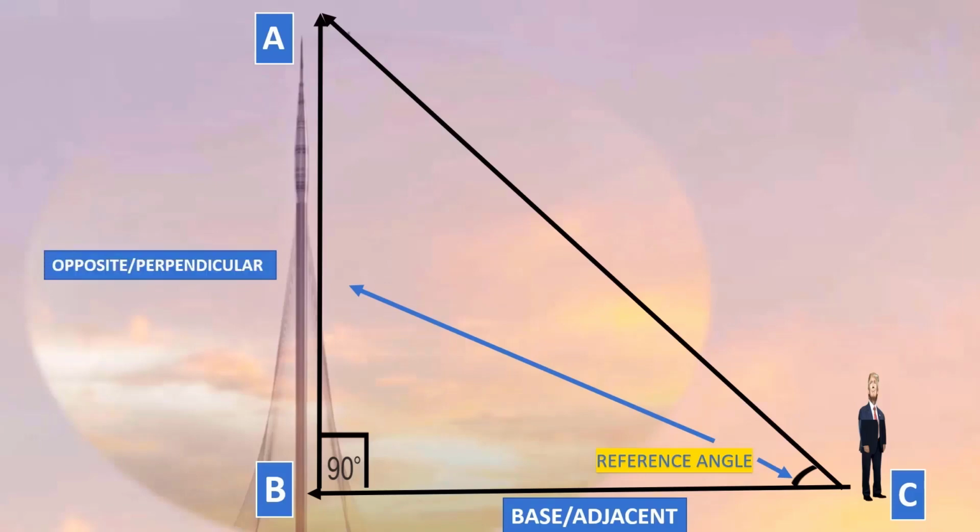You have the tower. So that is called the opposite side or the perpendicular. And the side opposite to the right angle, or the 90-degree angle, is called the hypotenuse, right?